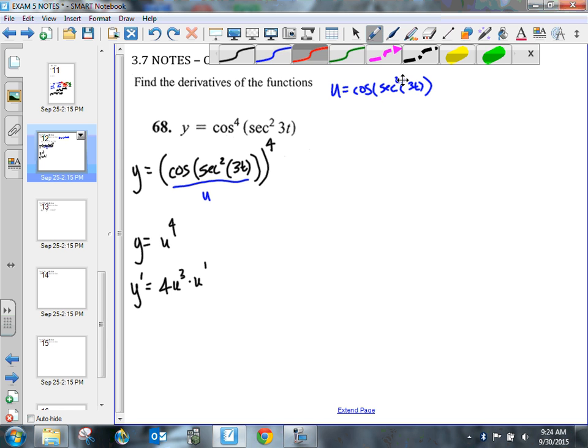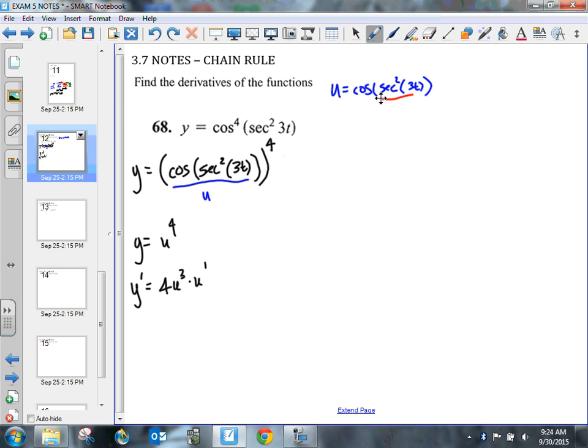But I have a bunch of inside functions. The first thing I notice is that I have another piece right here. I'm going to call that W. W is equal to, and I'm going to rewrite this as, secant of 3t, this whole quantity squared.